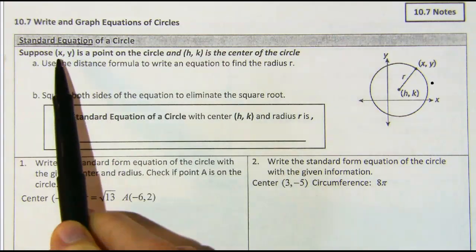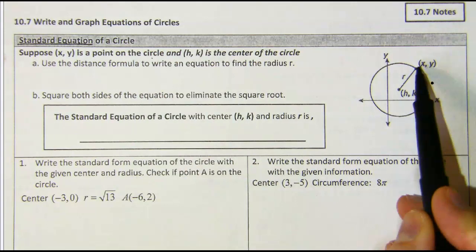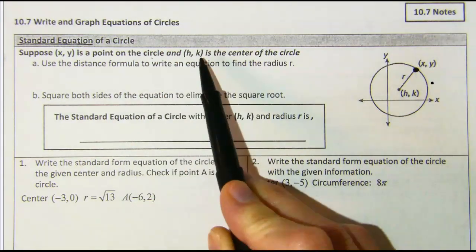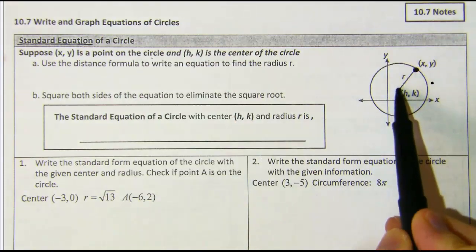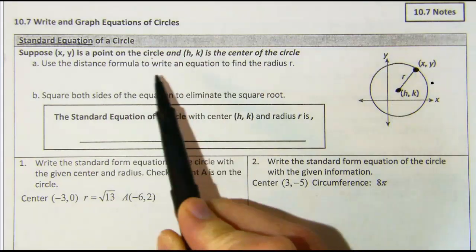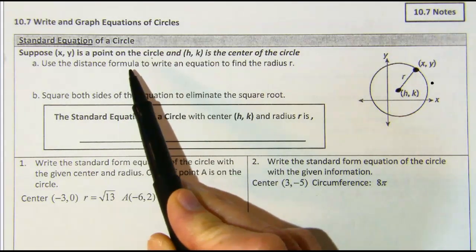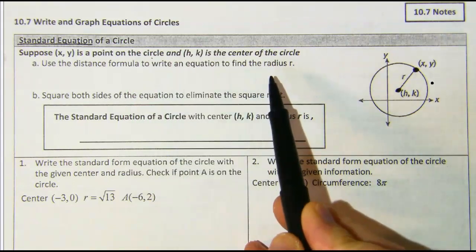So here it says, suppose x, y is a point on the circle. So here is x, y on the circle. Notice it's positive. And h, k is the center of the circle. So these are coordinates because this is on a coordinate plane. It says use the distance formula to write an equation and find the radius. Okay?